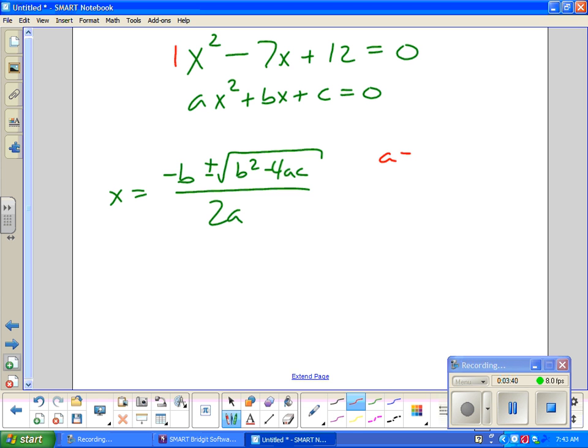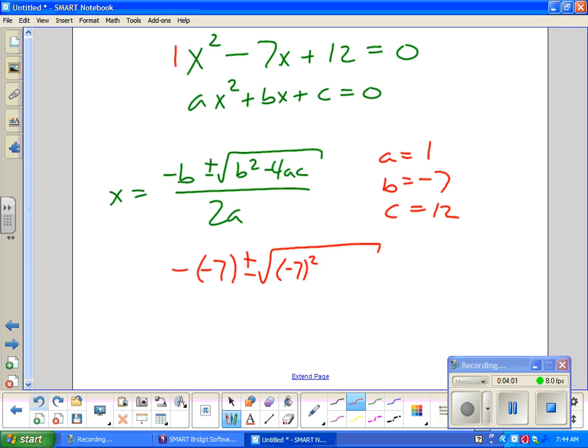So a is 1. B is negative 7 because you know it's the plus sign on B, so it's negative 7. C is 12. And now it's an evaluation problem. Evaluate this expression for A, B, and C. So negative B plus or minus the square root of B squared minus 4AC all over 2A.